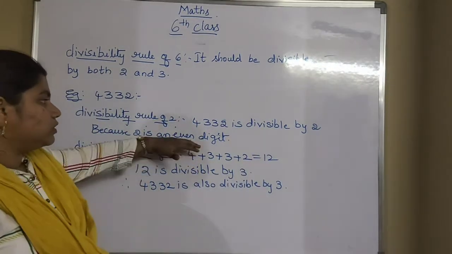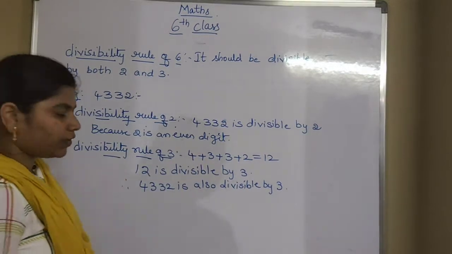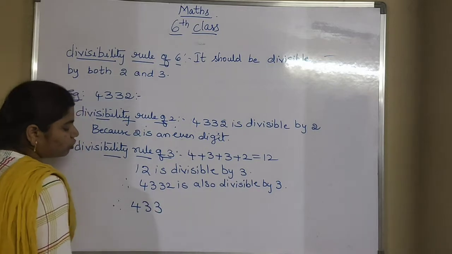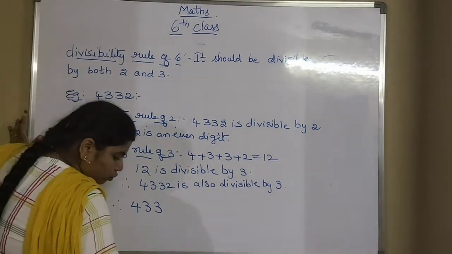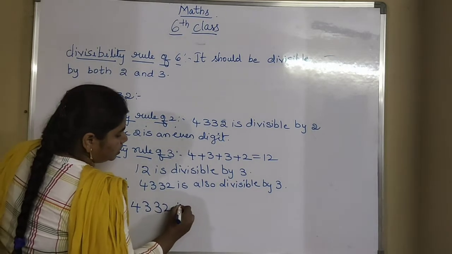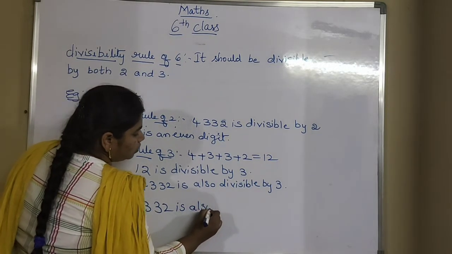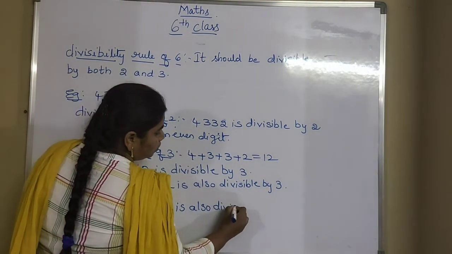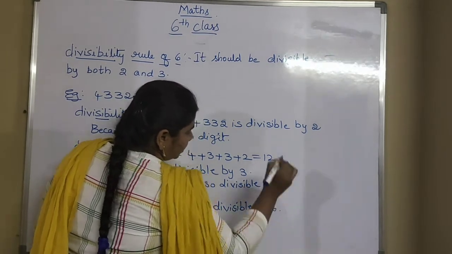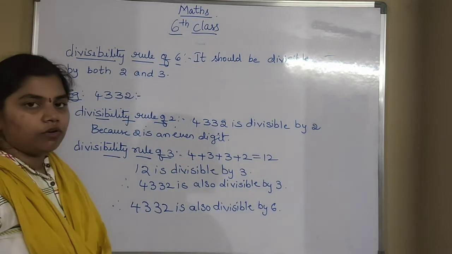Now here 2 is also satisfied, 3 is also satisfied. That means 6 will also be satisfied. That means 4332 is also divisible by 6. So this is the divisibility rule of 6.